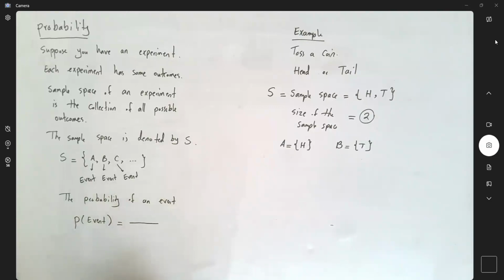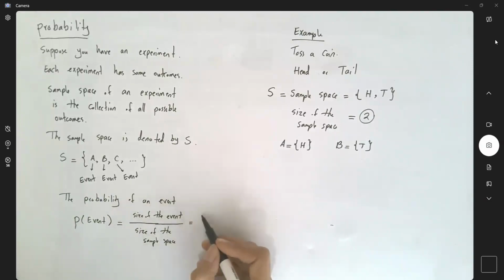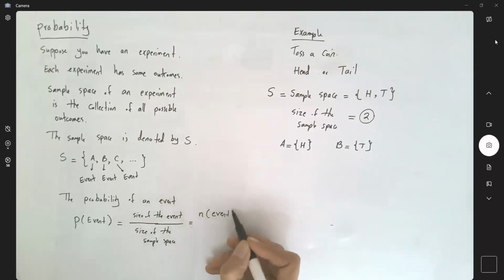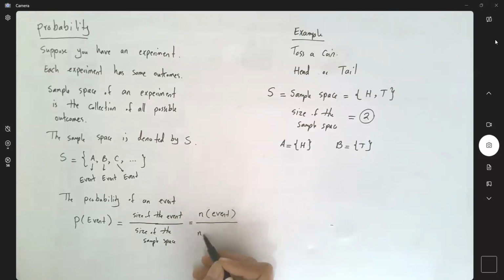On the numerator of the fraction, you have the size of the event or the cardinality of the event. On the denominator, you have the size of the sample space. We usually denote the size by n of that event, divided by n of sample space.